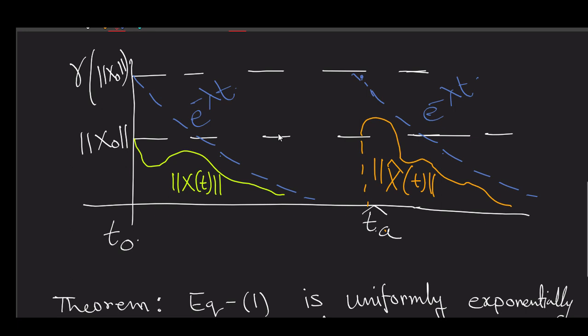So once again, if this solution stays within gamma but does not show any tendency to converge, obviously it cannot diverge, because if it diverges it cannot be stable. It gives some indication that even if it doesn't converge, it is bounded.